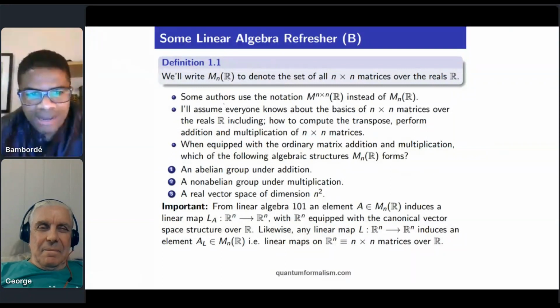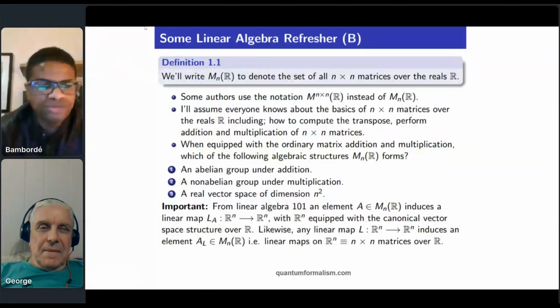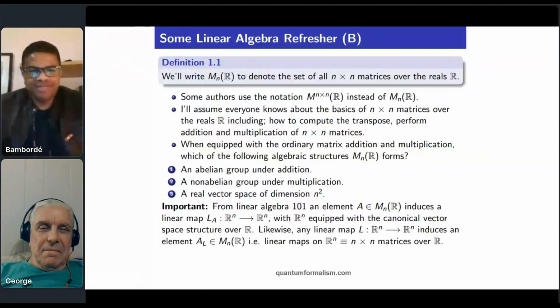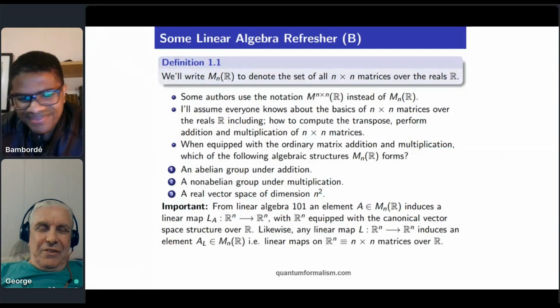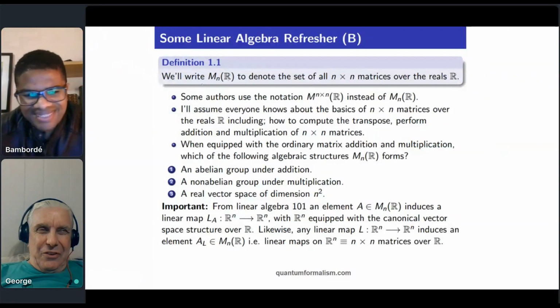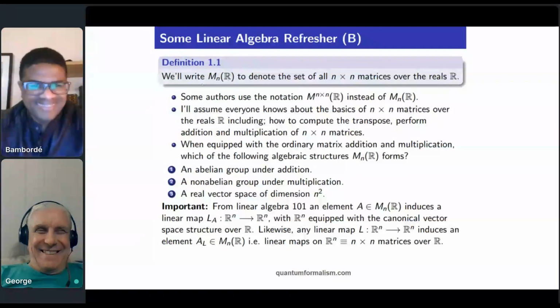I'll assume everyone knows the basics of multiplying two n by n matrices, addition, and transposition, taking the transpose of a matrix. George, you were saying something? I was just going to say a little minor challenge: if you have n by m matrices rather than n by n, what's the difference?